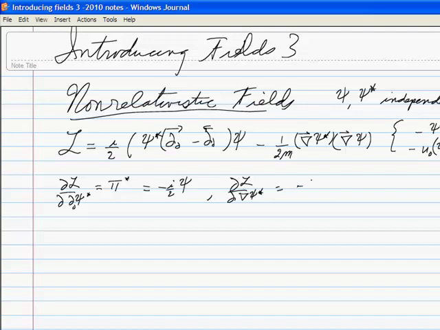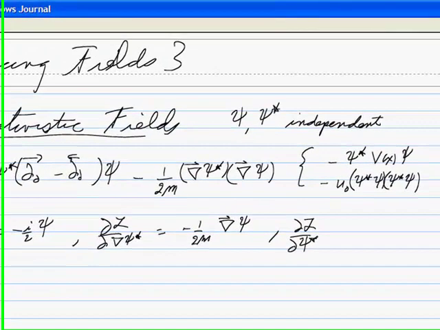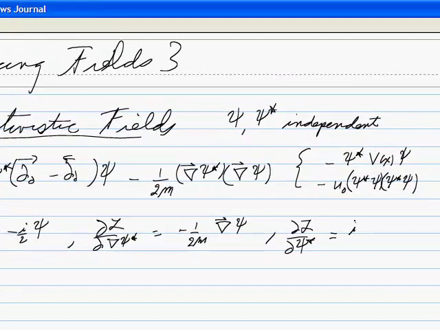That's minus 1 over 2m del psi. And the derivative with respect to psi star itself, there's one place where there's psi star without derivatives acting on it, that's here, times the derivative acting on psi. So that's i over 2 d0 psi.